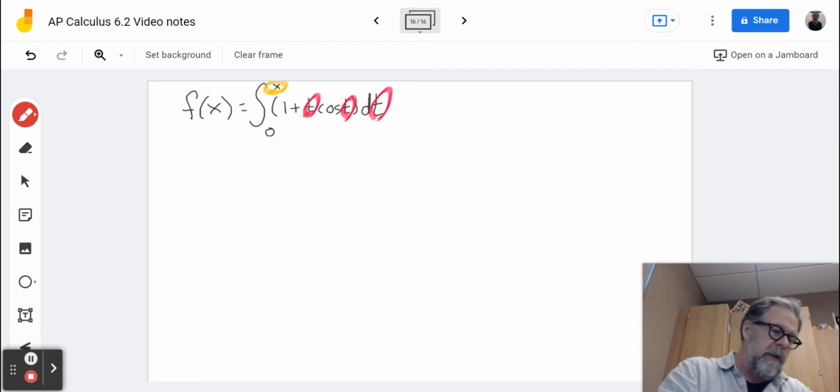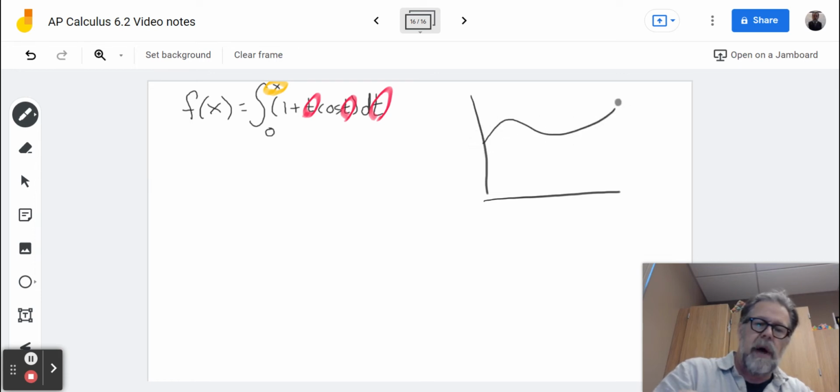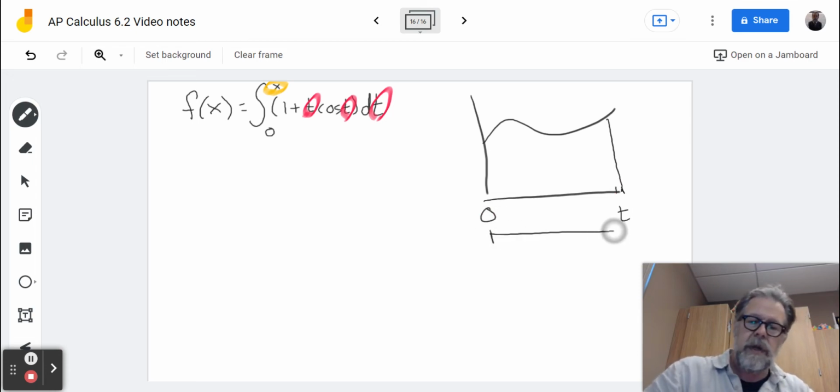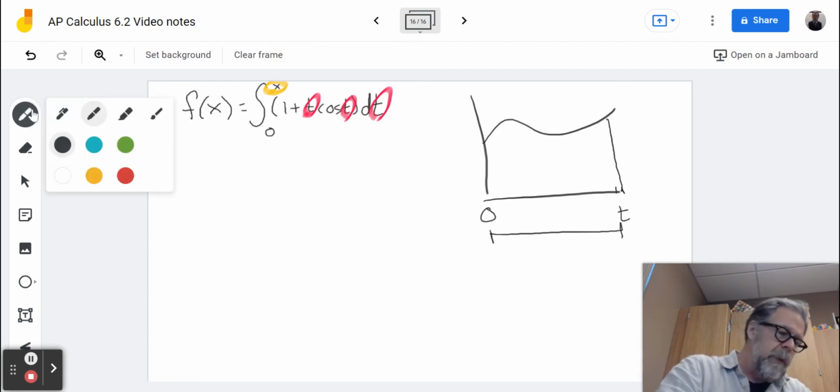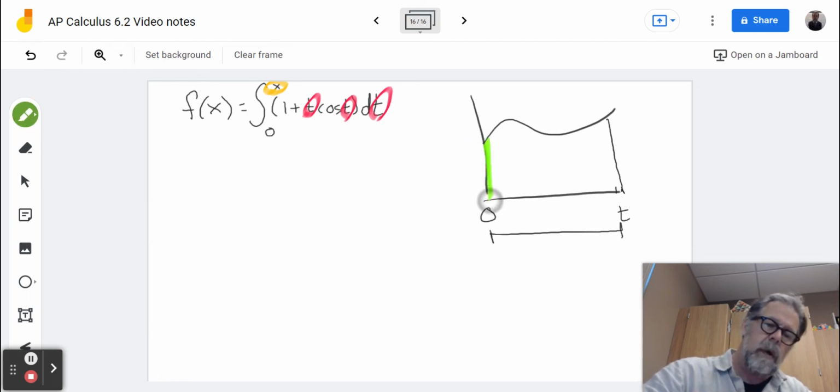So if I were to think of this as some function, blah, from 0 to t, and so my function is defined from here to here. My accumulator function, my integral, starts right here and goes to some value of x.